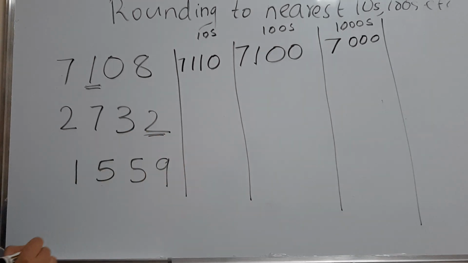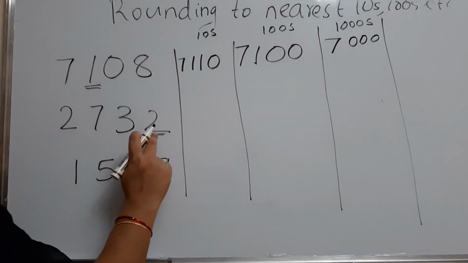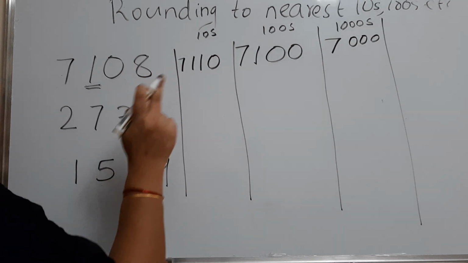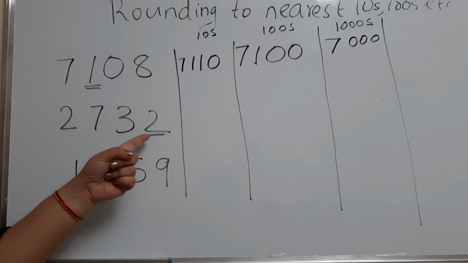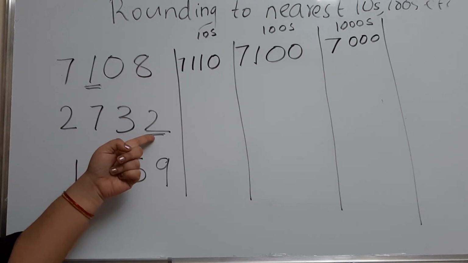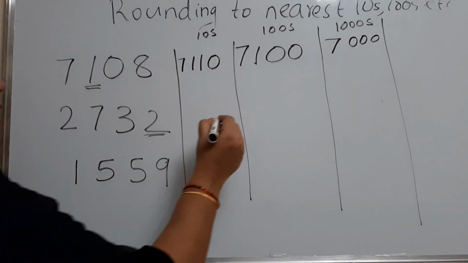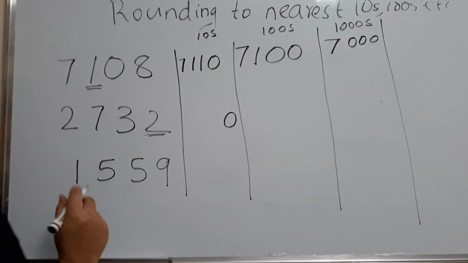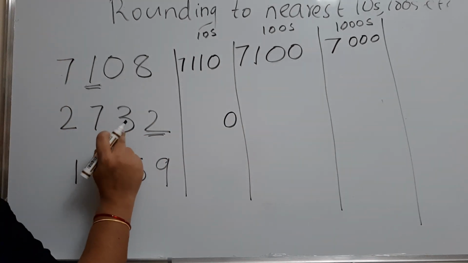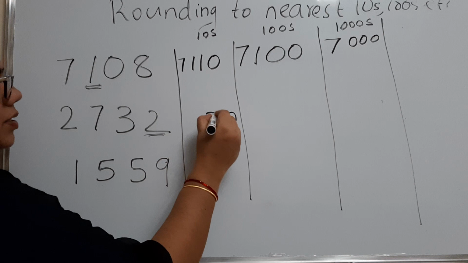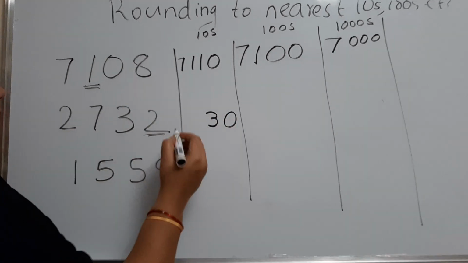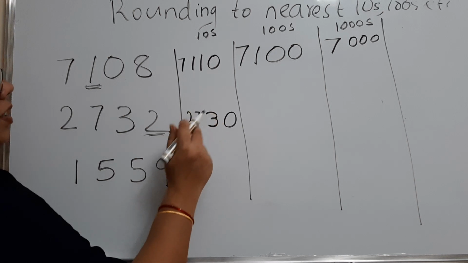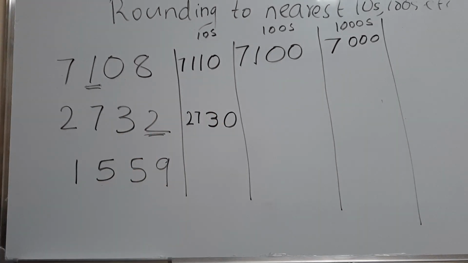Here, rounding to the nearest tens, check the ones place. Since the ones place is less than 5, you put 0 in the ones place, and the tens place remains the same. So our answer is 2730.